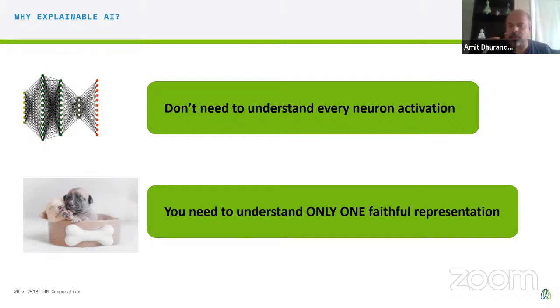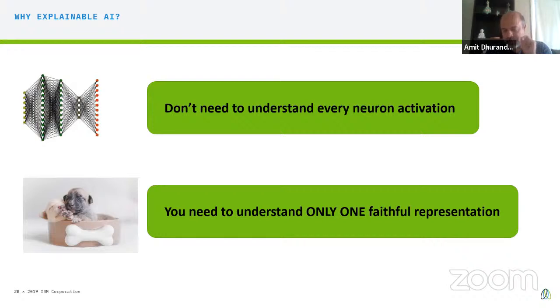This is very similar to humans. You can think of human behavior as basically an embedding or a representation of the neuronal activity going on in your brain. Based on this representation, which I do understand, which is your behavior in this world, I will make judgments about you and decide how I want to interact with you. That's sufficient. I don't need to know which neuron was firing at which point.